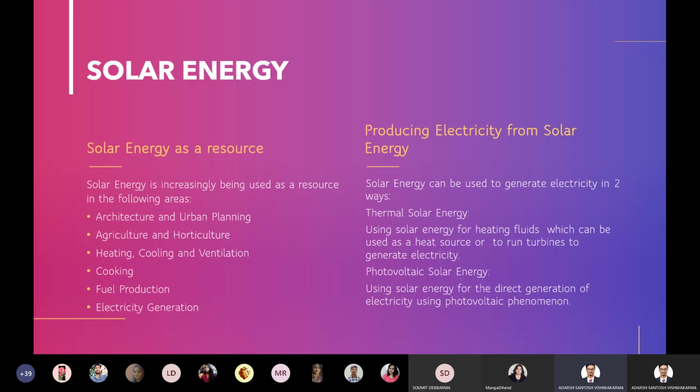Thermal solar energy is the one which is generally used for solar water heaters, and the photovoltaic solar energy is the one which is used for energy generation at homes and various other places, and which can be stored in batteries, or it can be directly connected to the grid or the electrical supply which we get from maybe our power company, which in Maharashtra is Maharashtra State Electricity Distribution Board.